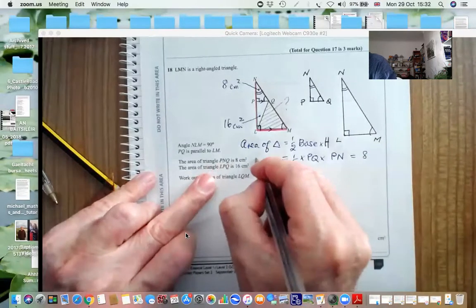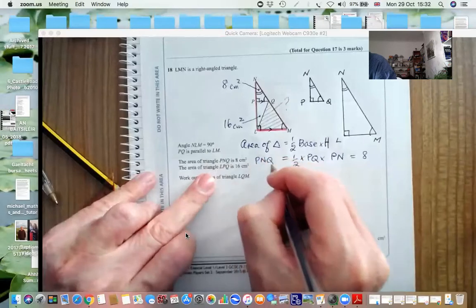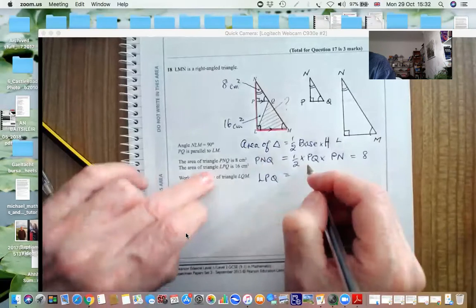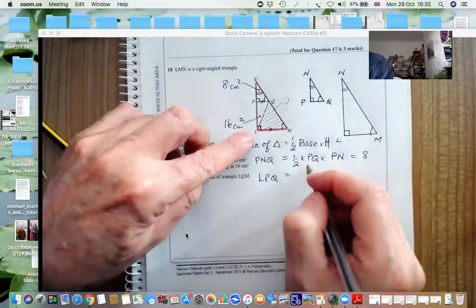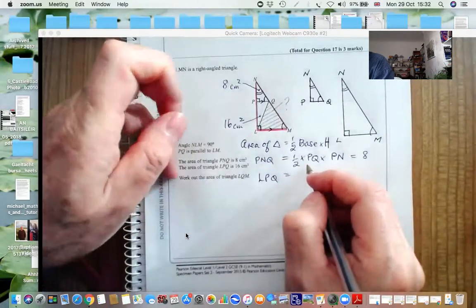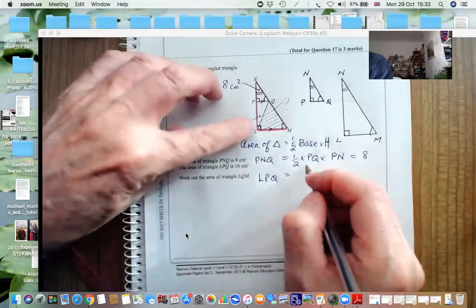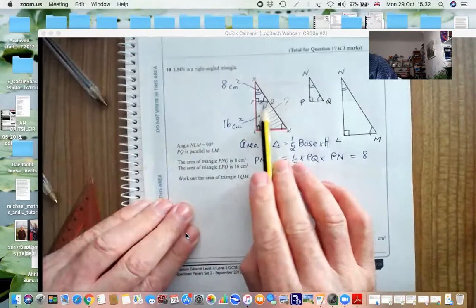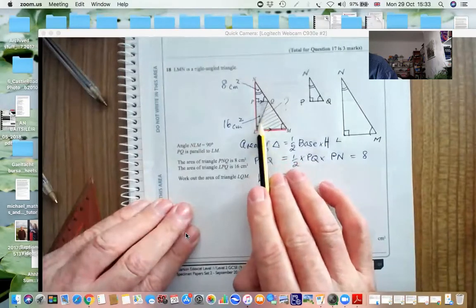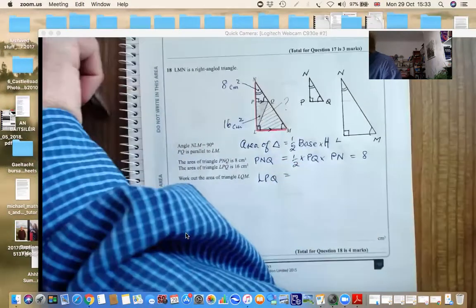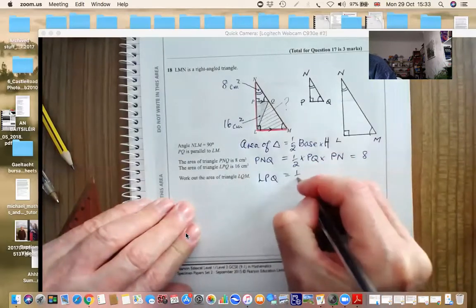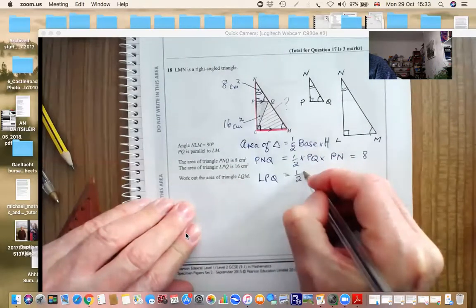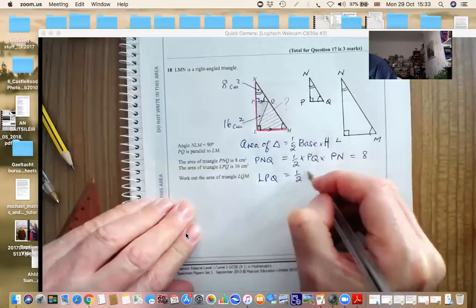For the triangle LPQ, let's have a look at L to P to Q. L to P to Q is this little triangle here. And so the area of that would be 1/2 times the base.